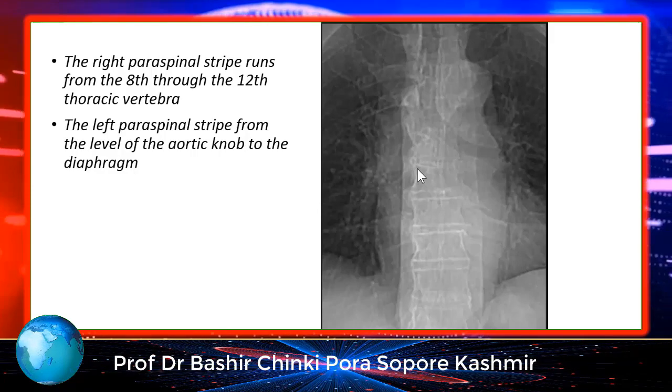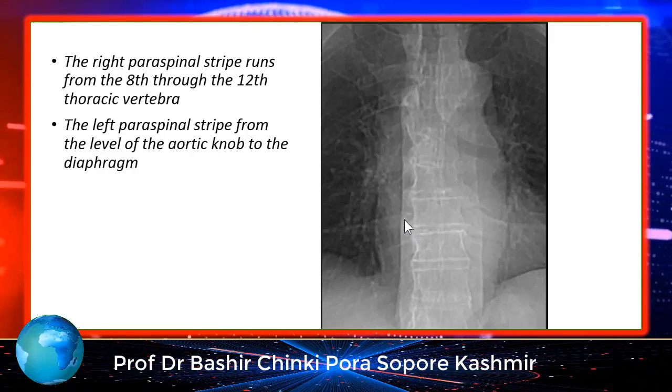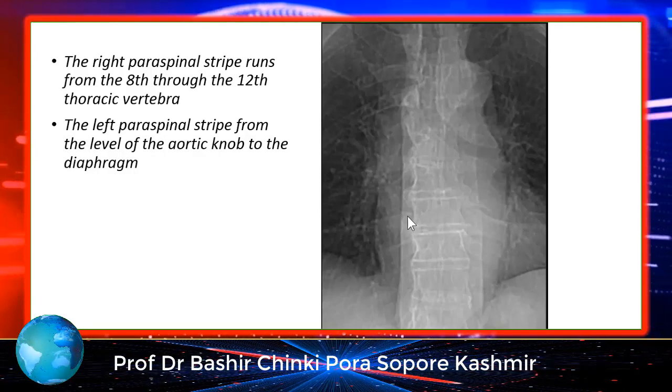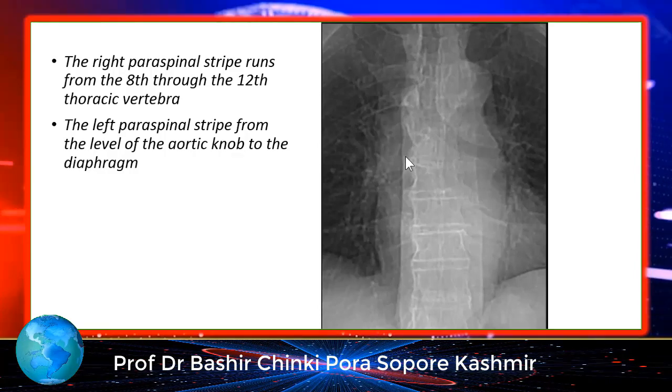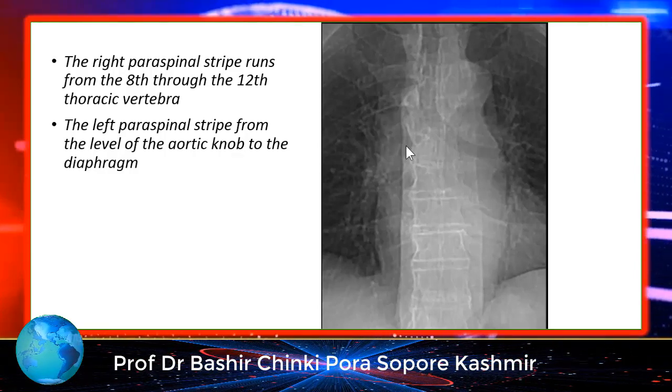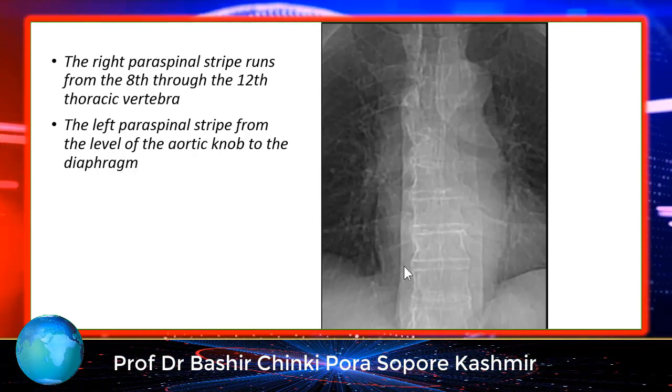This is the vertebral column, these are the borders of the vertebrae, and lateral to it on the right side there is a linear opacity. So on the right side it runs from the 8th thoracic to the 12th thoracic vertebra.